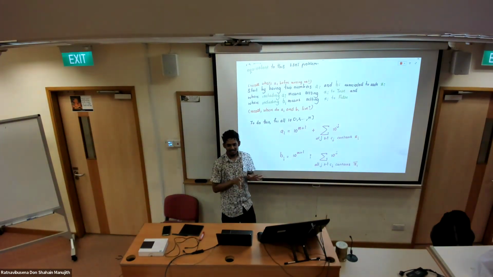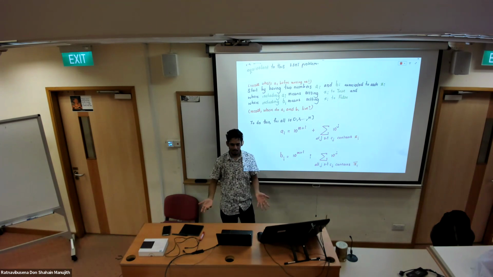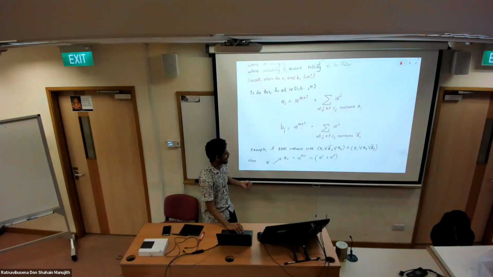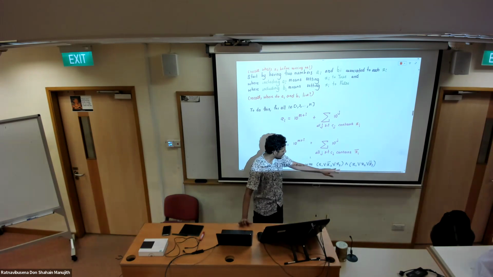Basically, for every single variable you define ai and bi. To define ai, you run over every single clause and check whether xi is present in it. For example, these are clauses, and I'm running over them.